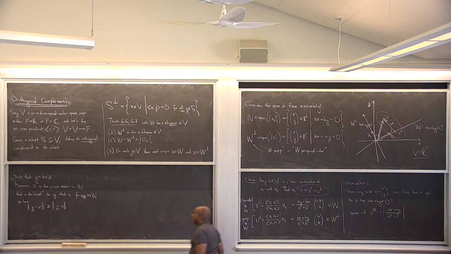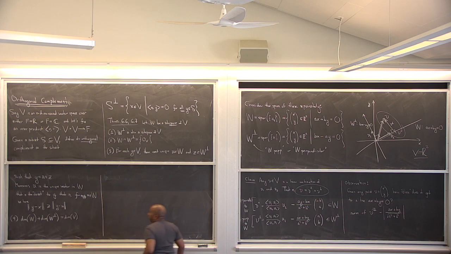Now I'll try to say a little bit more in terms of the picture over here, but again, the whole idea here is that if I take any point x along the line, then it doesn't get any closer than where I would be here at u. Then let me state the fourth result here. And it says that the dimension of W plus the dimension of W perp is the dimension of V.